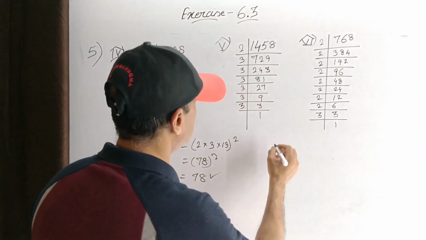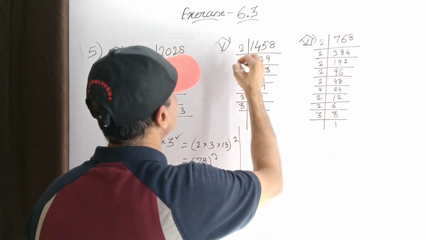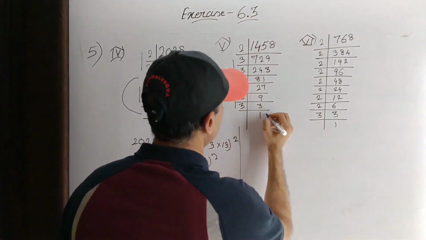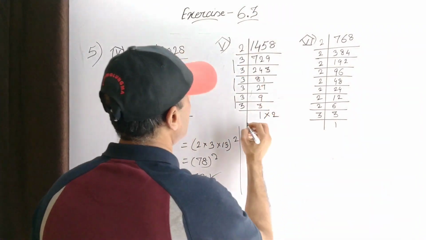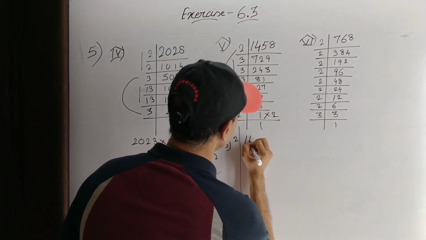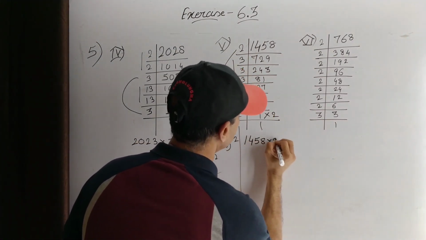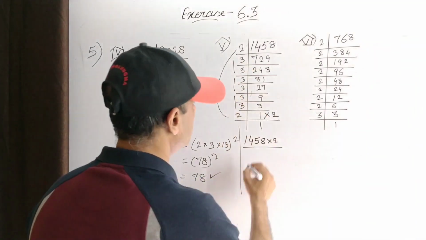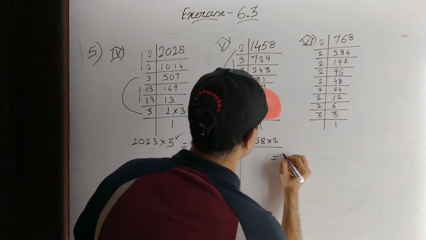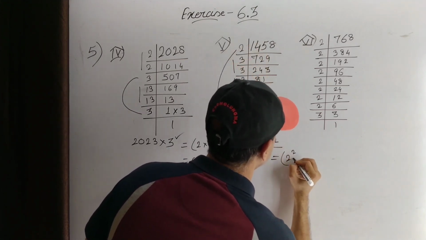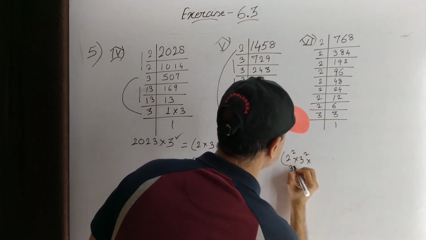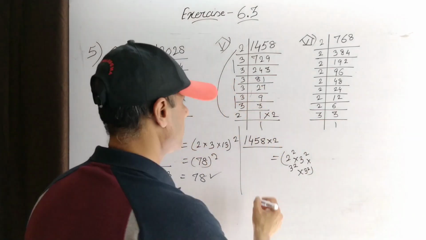Clear? Now this one, here we see this 3 is in pair, this 3 is in pair, this 3 is in pair. So if we multiply this number with 2, we'll have another 2, and these 2 will be in pair. And the new number obtained will be 1458 into 2. And let's find the square root of this number. So this number will be equal to 2 square into 3 square into 3 square into 3 square.